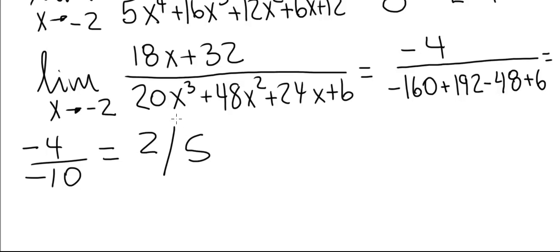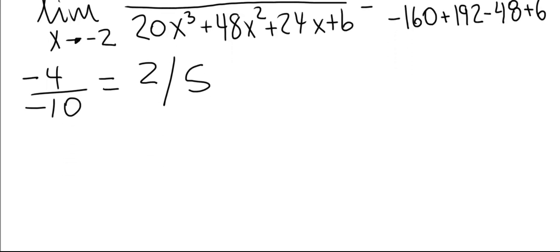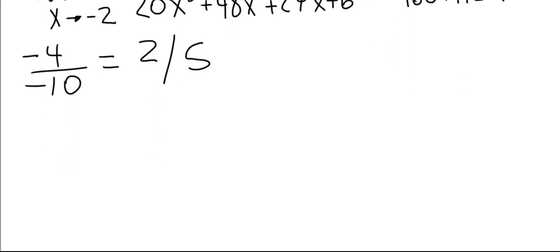So let's summarize what we just did. We applied L'Hopital's rule twice. If we had ended up after the second application with 0 over 0, we would apply it a third time, as many times as necessary until we end up with something other than 0 over 0.